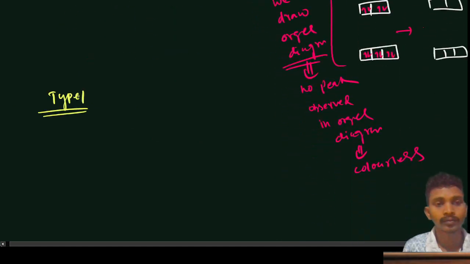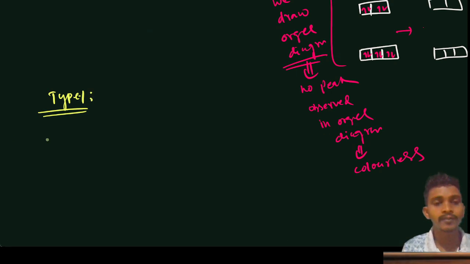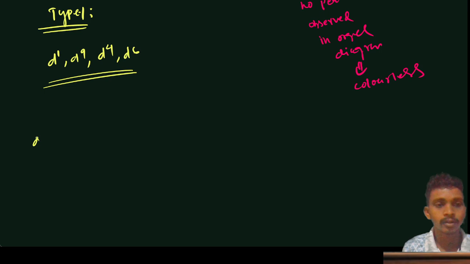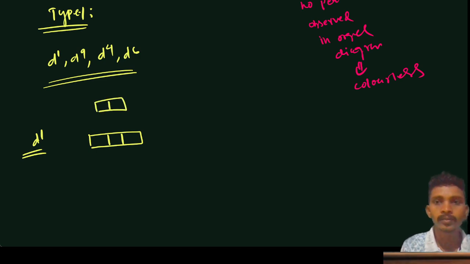Type 1. So in this type 1, what are there? D1, D9, D4 and D6. If I talk about D1, I'm putting one electron. How many transitions are possible?